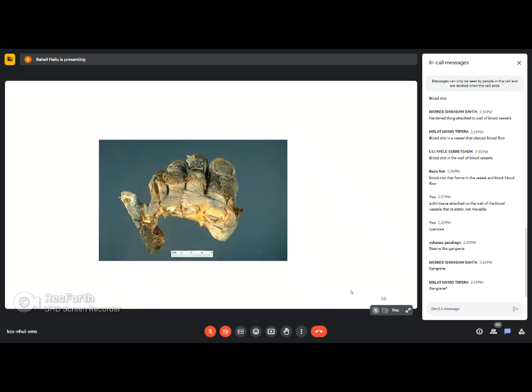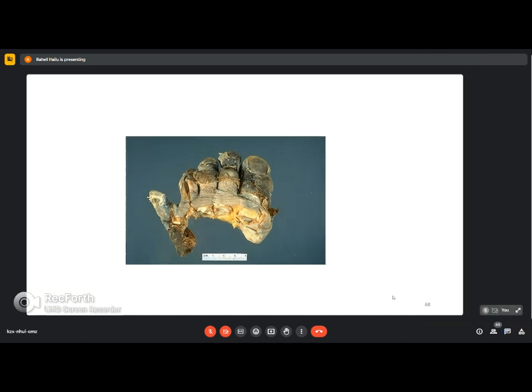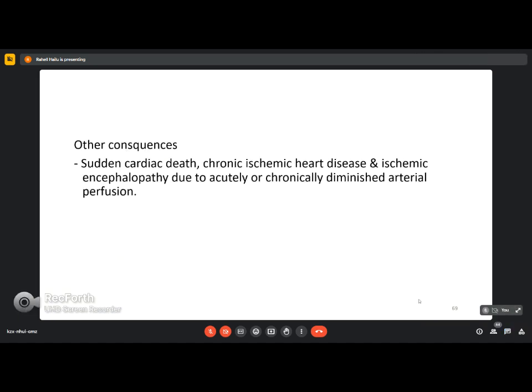So this is obstruction of flow as a result of either stenosis or an acute plaque change. Other consequences are sudden cardiac death, chronic ischemic heart disease, we'll see all of these again a little bit later on.